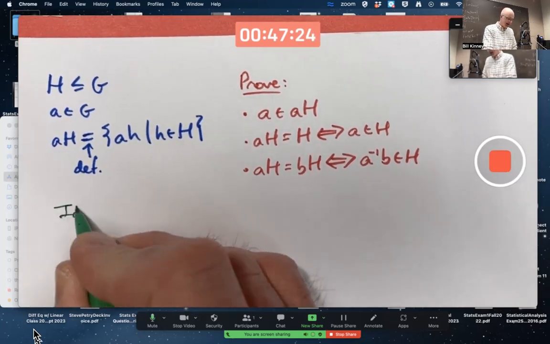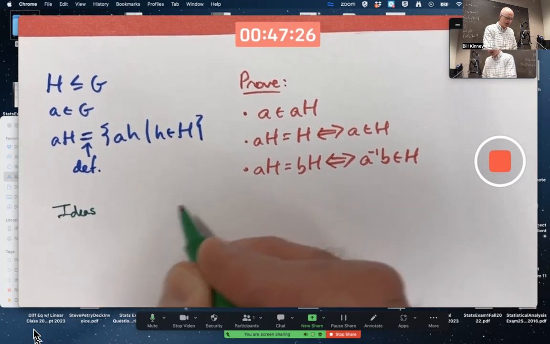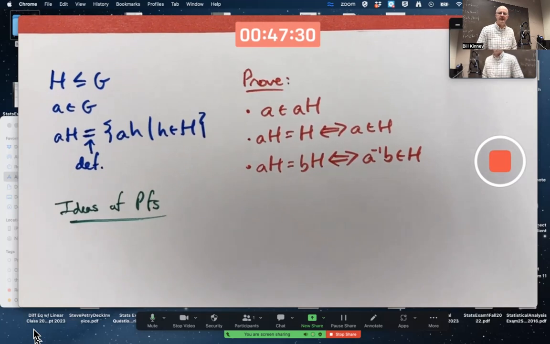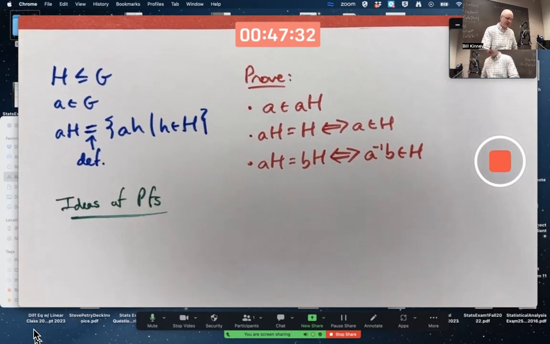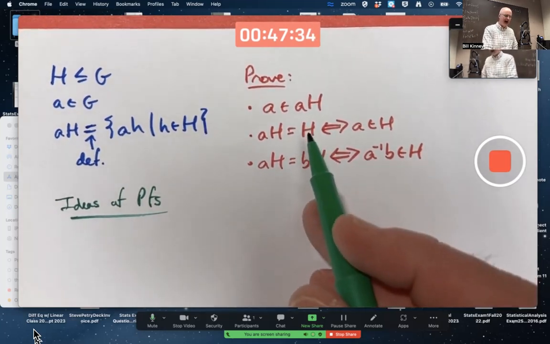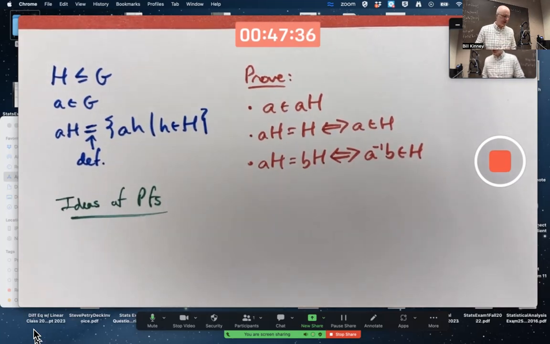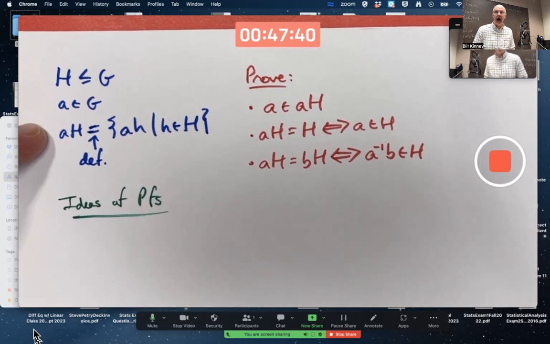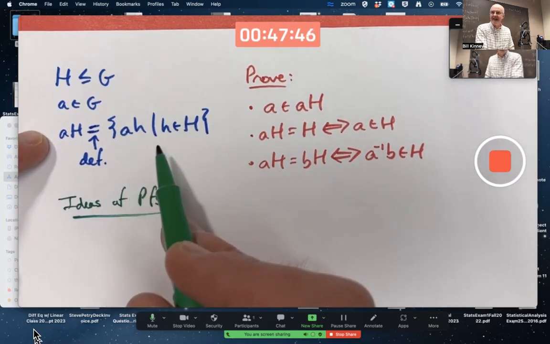What are the ideas, I guess, since we got 3 things to prove here, of the proofs for these properties here? First one is the easiest. I am assuming H is a subgroup of G here. The book does define this notation, AH. Even when H is not a subgroup of G, you can still define such a set.